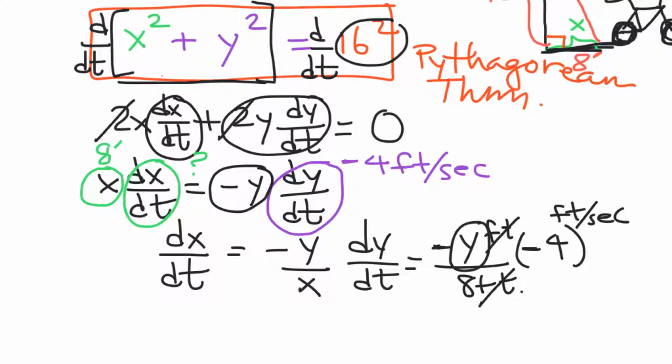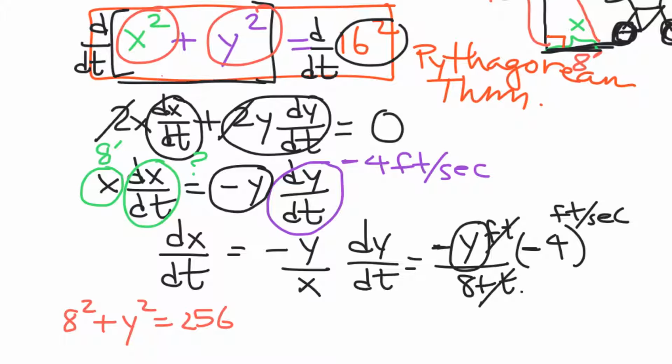So how can we go ahead and determine the last missing link here? Well, let's go back to our Pythagorean theorem. We want to know what y is when x is equal to 8. So let's fill that in. We get 8 squared plus y squared is equal to 16 squared, which is 256.